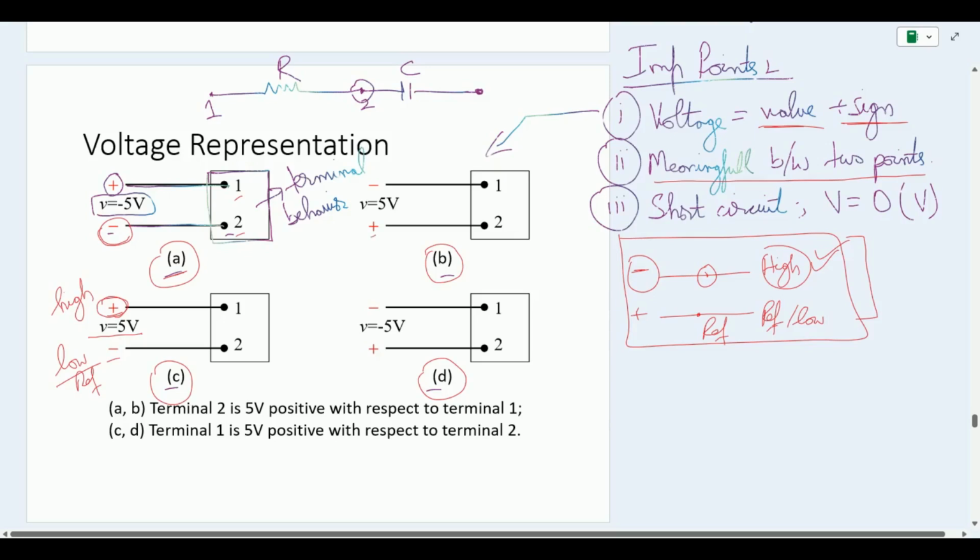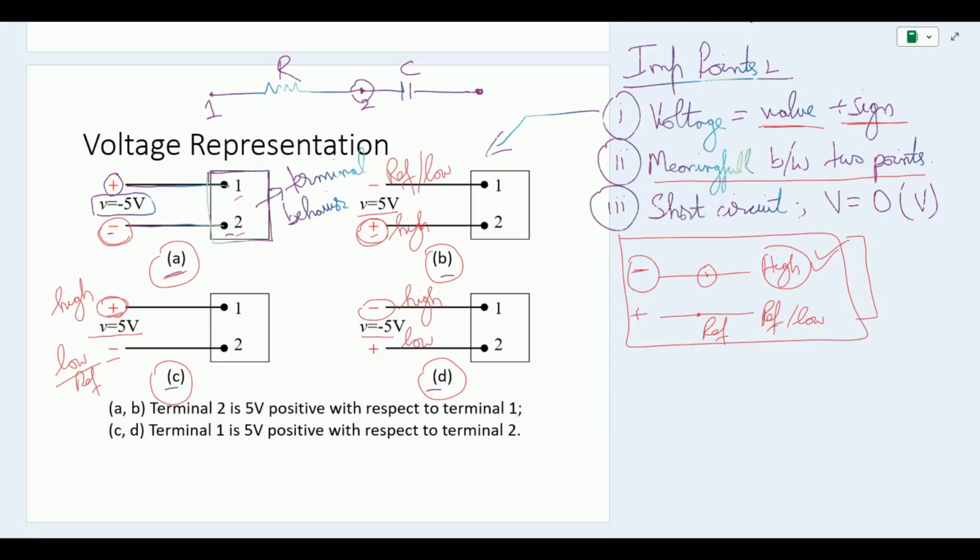Terminal 2 is positive and 1 is negative, and the voltage is 5 volts. Again, this means that terminal 2 is at a higher potential or has a higher energy compared to terminal 1, which has a low potential or is at a reference. Similarly, -5 volt means that terminal 1 is now at a higher potential in the case of image D, and the other one is at a low potential. So this explains the voltage representation, and these things will be useful to us when we move to the circuit analysis of any given electric circuit model.